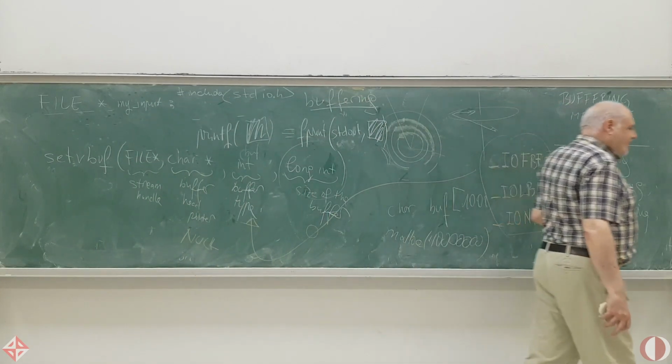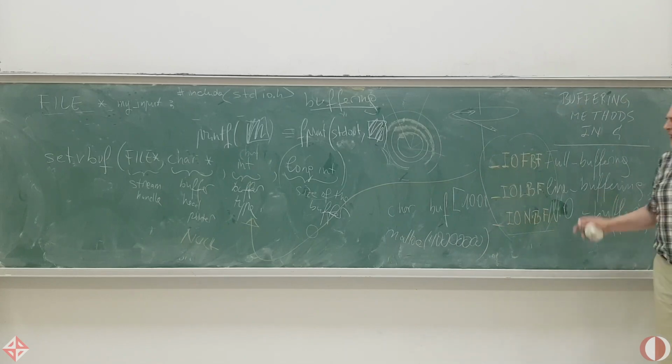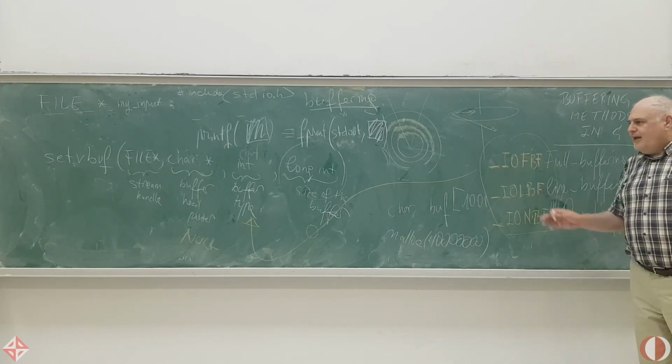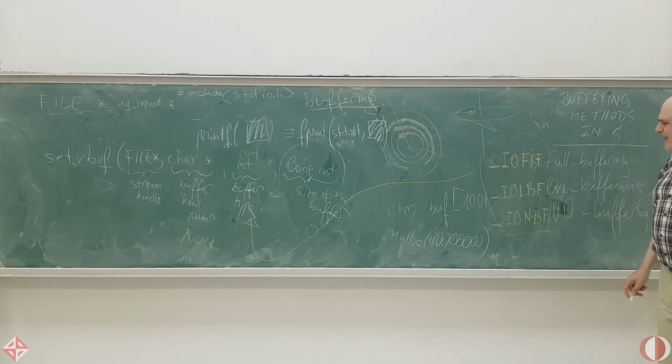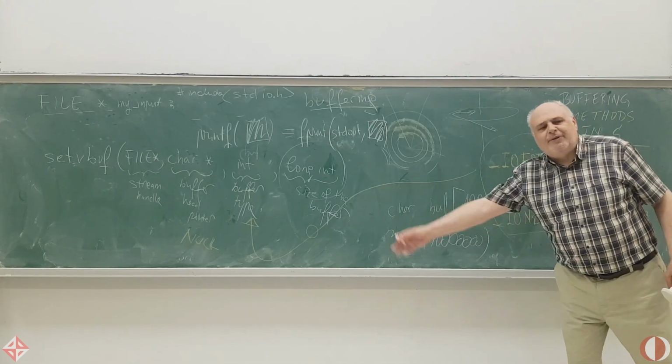Okay, line buffering is something I explained already. Until a \n character appears, everything which is printed goes to the buffer.